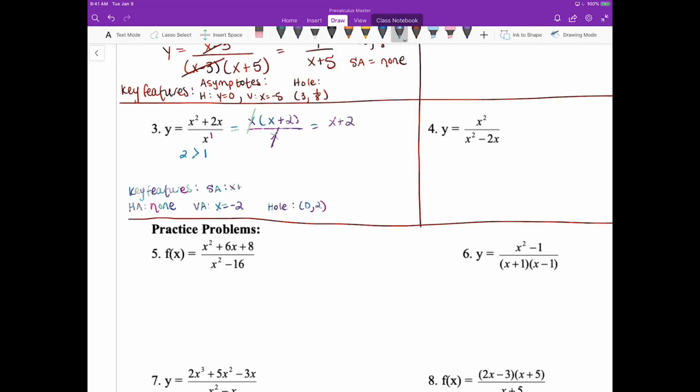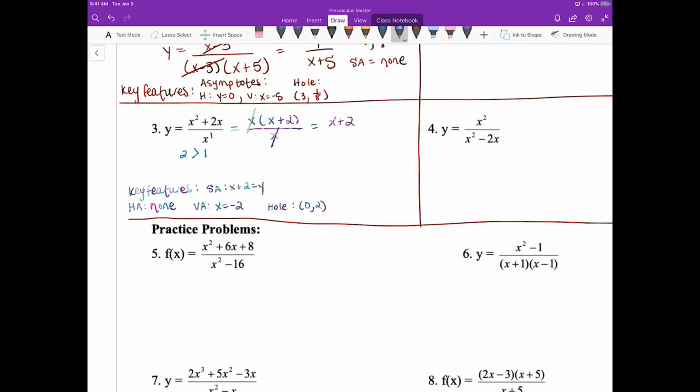So y equals x plus 2 is the slant asymptote. There's a special feature about slant or oblique asymptotes and horizontal asymptotes: you can cross them, but you cannot cross a vertical asymptote.